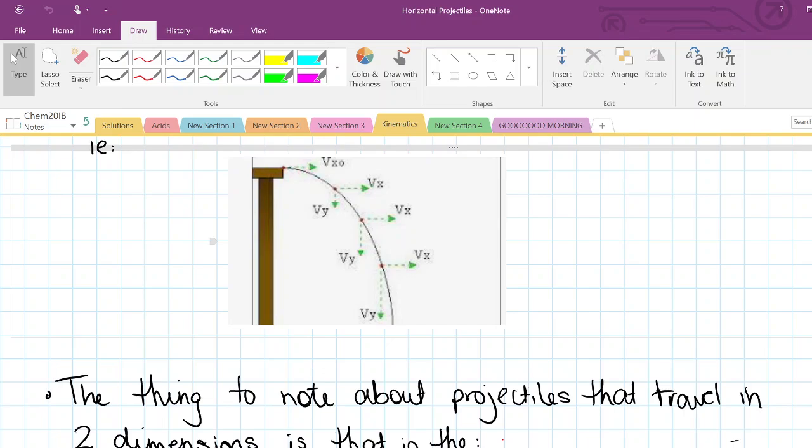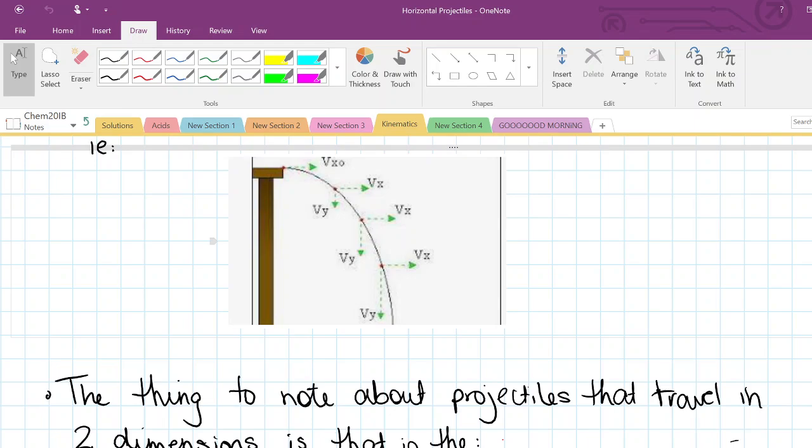So the y vector is being affected because it's continually under the effects of gravity pulling it toward the earth. There is a constant acceleration in the downward direction of 9.81 meters per second squared. But in the x direction, there's nothing impeding the motion. So this velocity vector is undergoing uniform motion because the acceleration in the x direction is 0.